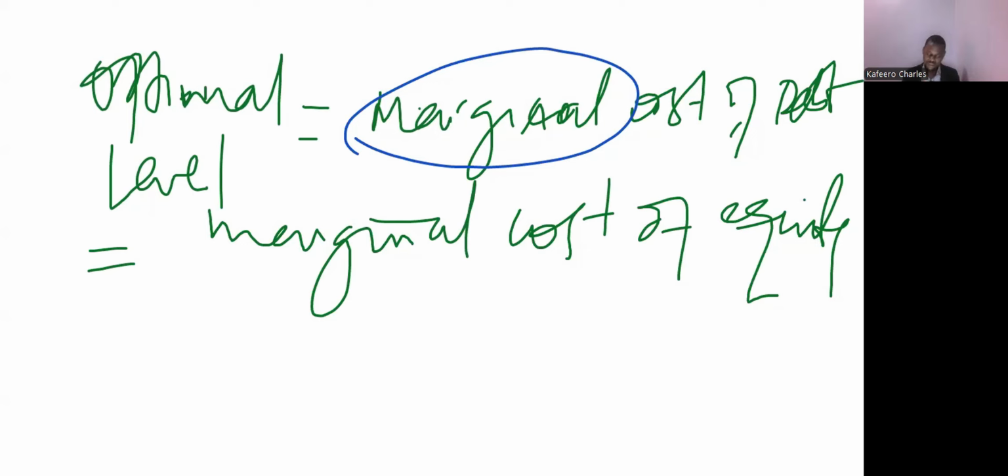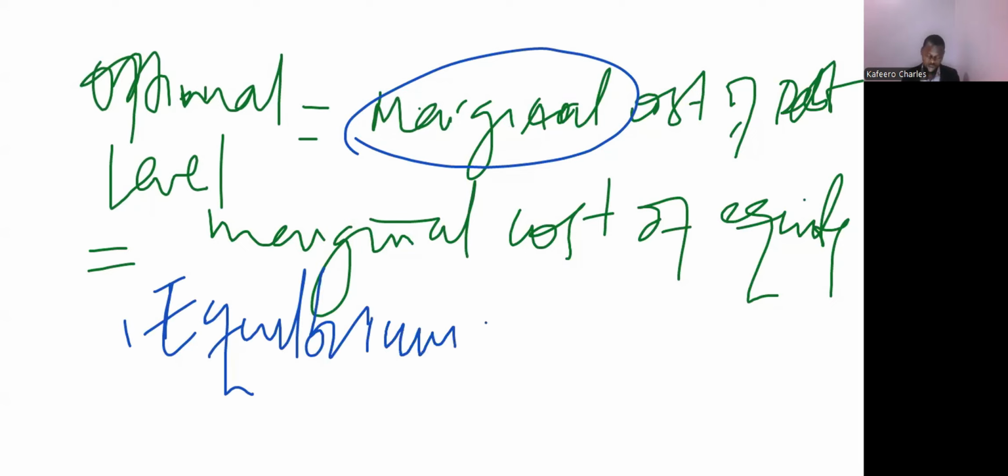Therefore, at that point, they will be in what we call equilibrium, and WACC will be minimized. And when WACC is minimized, the market value of the company will also be maximized.